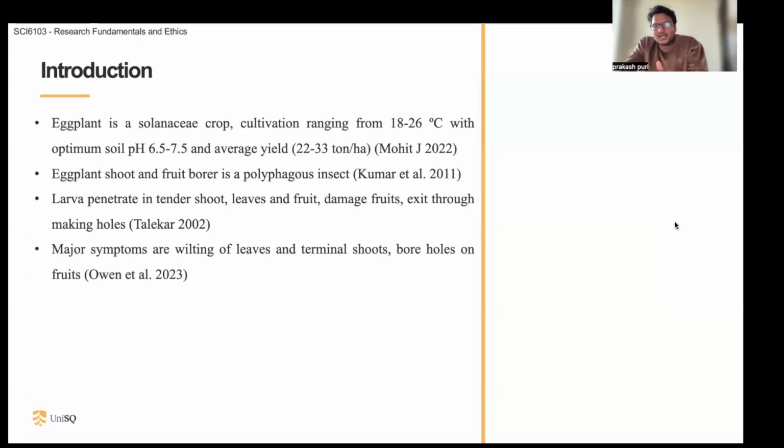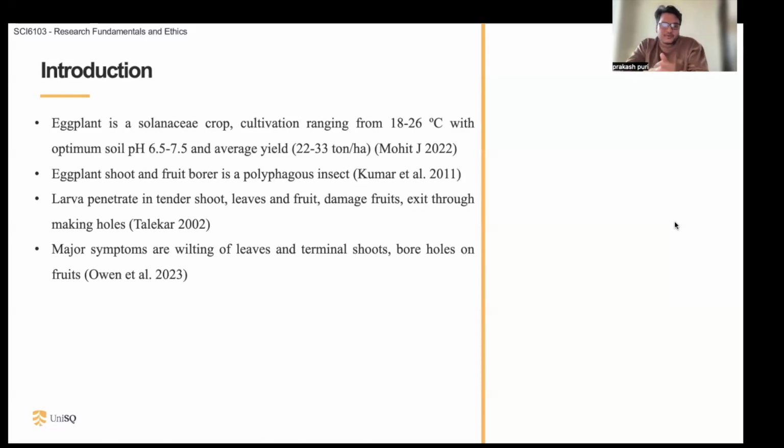One larva can damage 4 to 7 fruits during its lifespan. They damage heavily; it is mentioned that 80% of a crop can be damaged by the shoot and fruit borer.